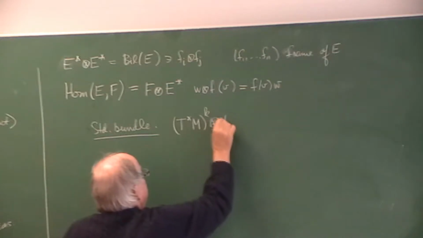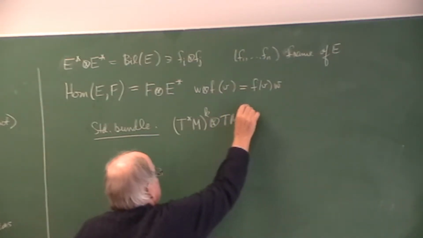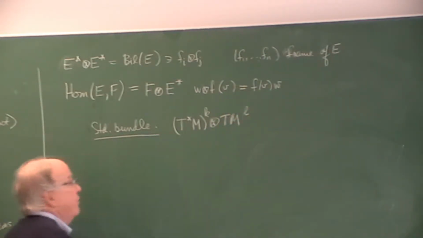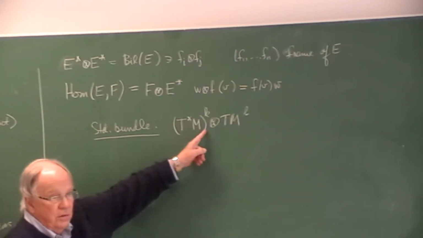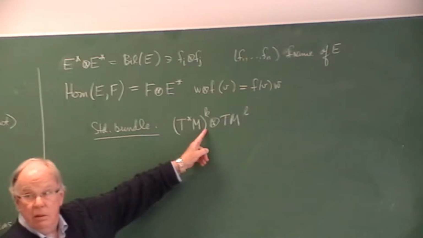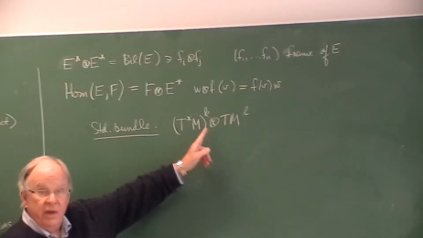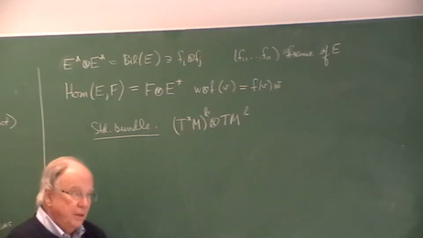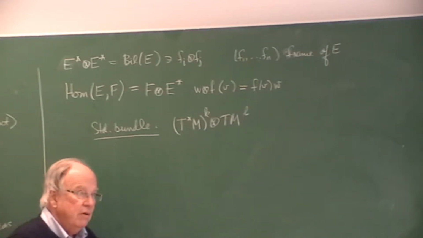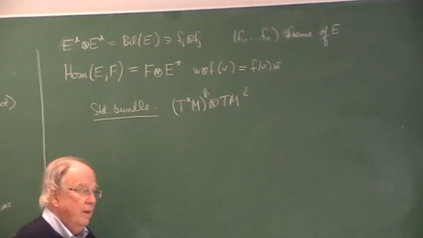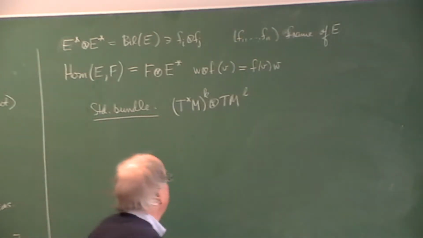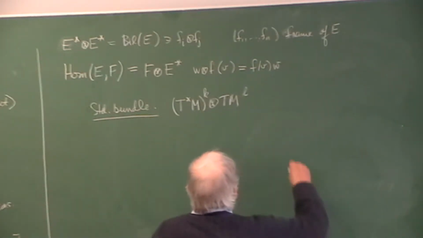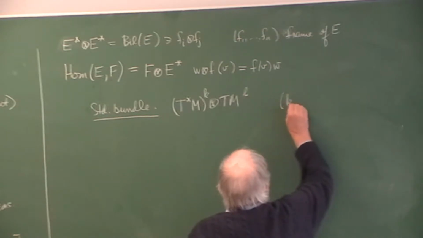You physics people have to tell me what your order is. I get mixed up. So first of all, what do I mean by this? I mean the k-fold tensor product of the cotangent bundle with itself, tensor the L-fold tensor product of the tangent bundle with itself. Yeah? And so a section here, or a vector here, is called a KL tensor.